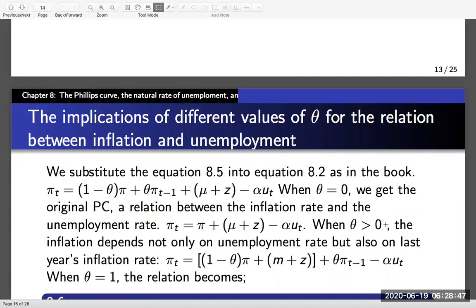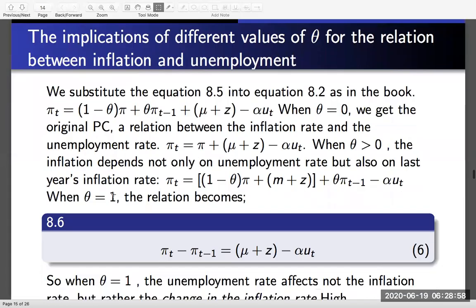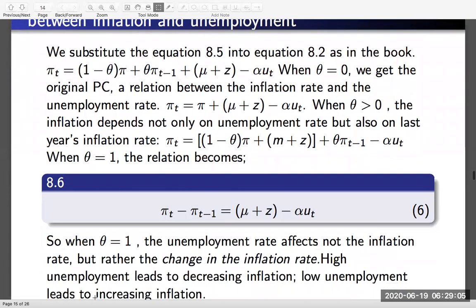But when theta is positive, inflation depends not only on the unemployment rate, but also on last year's inflation rate. And when theta is equal to 1, the relationship becomes the change, current minus previous inflation, given by that. So when theta is equal to 1, the unemployment rate affects not the inflation rate, but rather the change in the inflation rate. That is very important.